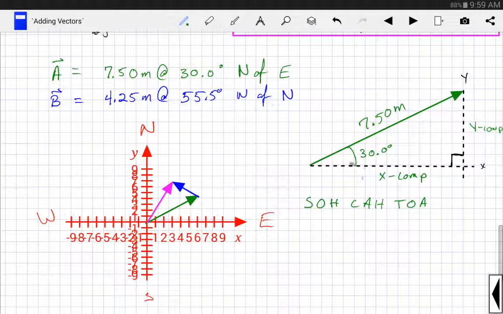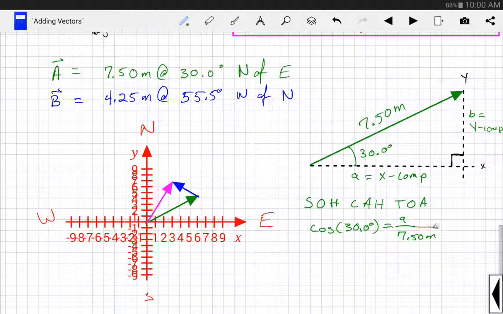So what we've established is cosine is going to relate the hypotenuse and my adjacent side. So I'm going to call variable A the adjacent side and variable B the opposite side to make my life easier. So using cosine, I'll have cosine of 30.0 degrees equals the adjacent side, which is what I'm looking for, over the hypotenuse, which is 7.50 meters.